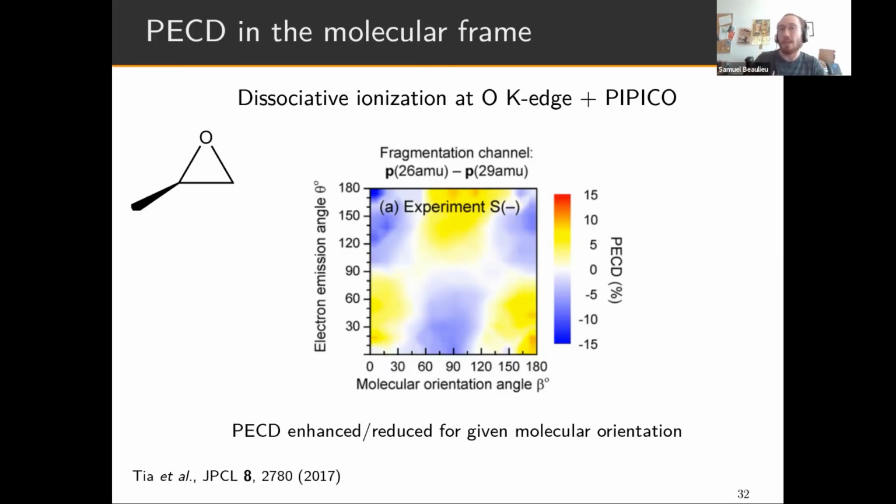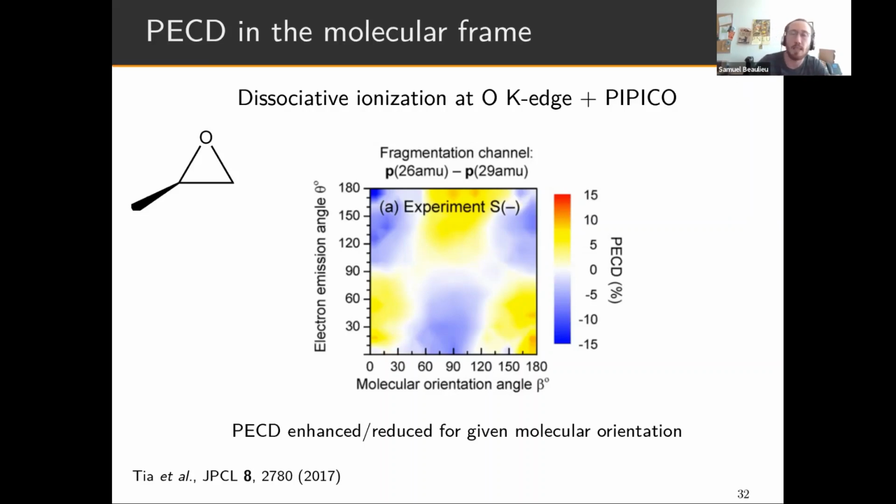Usually we measure PECD in a randomly oriented gas target, but here, by using dissociative ionization after ionization at the oxygen K edge, and using the recoil momentum vector of the two fragments, they showed that the PECD is strongly dependent on the relative orientation of the molecule and the light field.